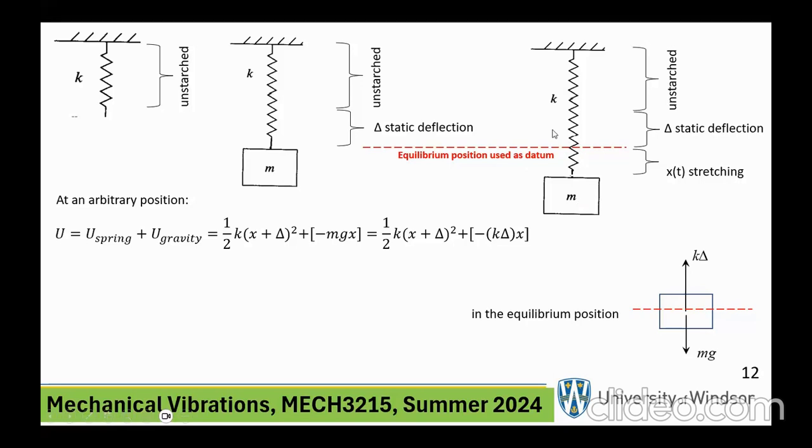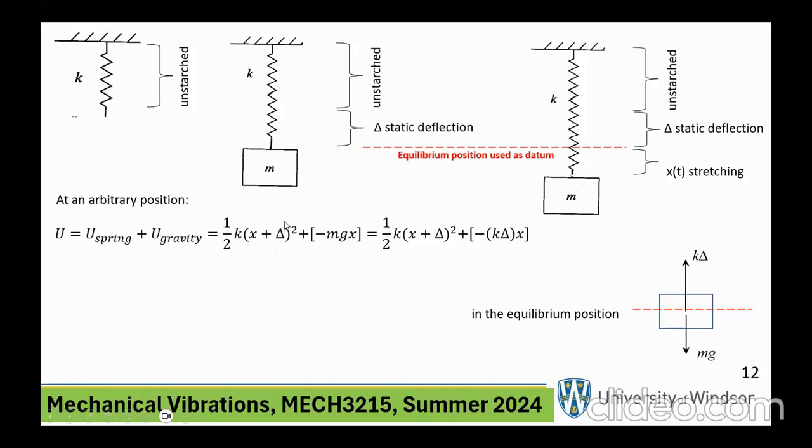But the spring has also stretched. Now, how much has it stretched? Well, there was an initial stretching of delta right there because of static deflection, and now it has stretched by another amount x of t. So the total stretching in that spring is x plus delta. Delta was the static one right there, and x on top of that.